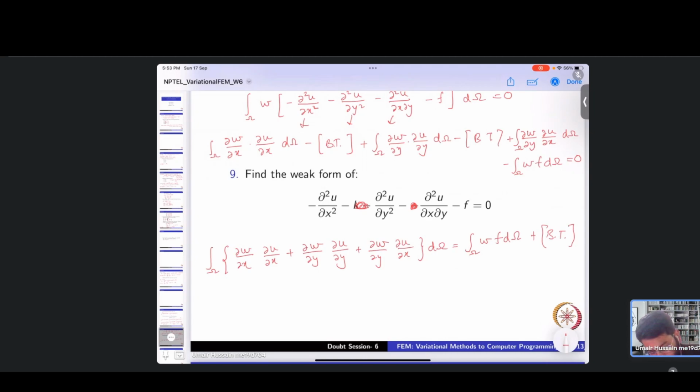It is linear, but would it be symmetric? It's bilinear, right? So it turns out that it will be symmetric. No, it won't be symmetric because of this term.